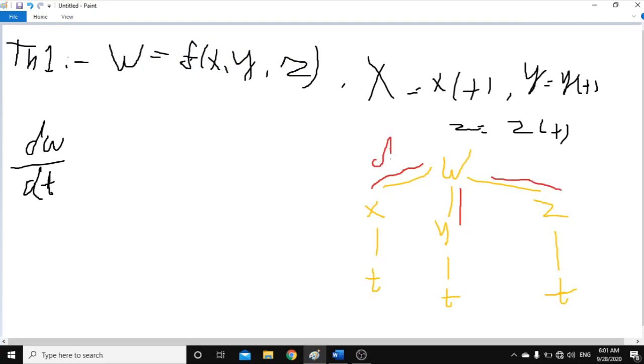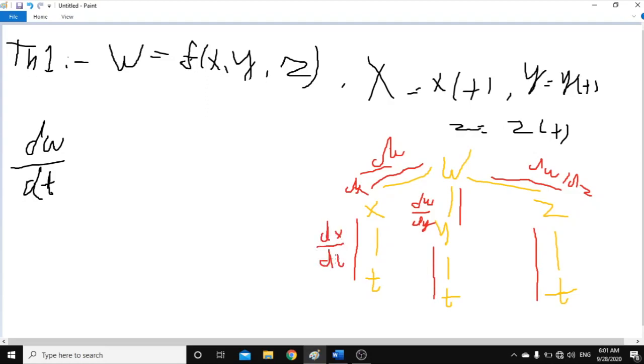So we can write dw over dx, here to the y dw over dy, and here dw over dz. Here x goes to the t, y also goes to the t, and z also goes to the t. So we can write dx over dt, dy over dt, and dz over dt.